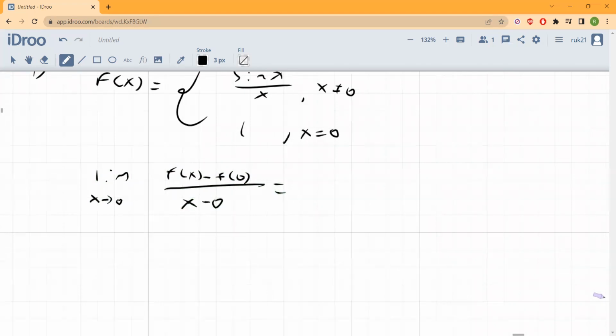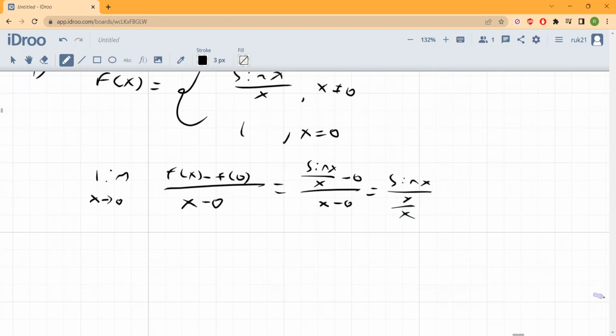So f at x is sine of x over x. F at 0 is 0, so minus 0 over x minus 0. And that is equal to sine of x over x over x.